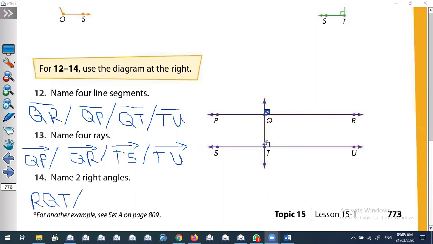What else? I need T in the middle, so it will be UTQ, or we can say STQ, no problem. We can also say PQT.